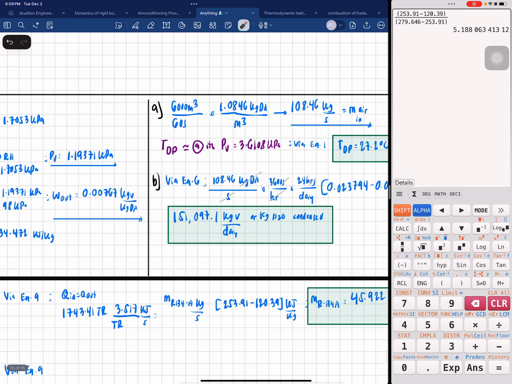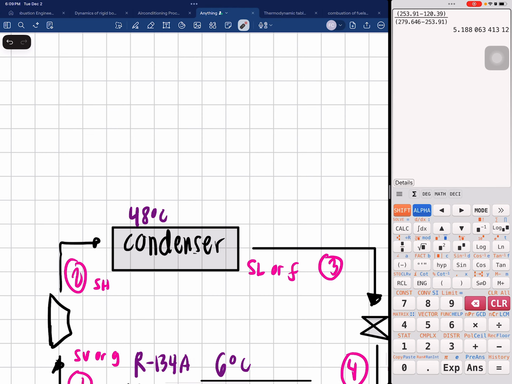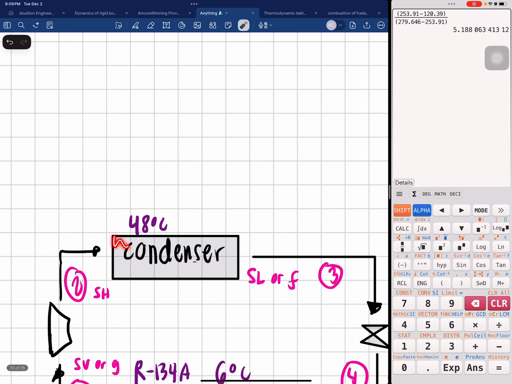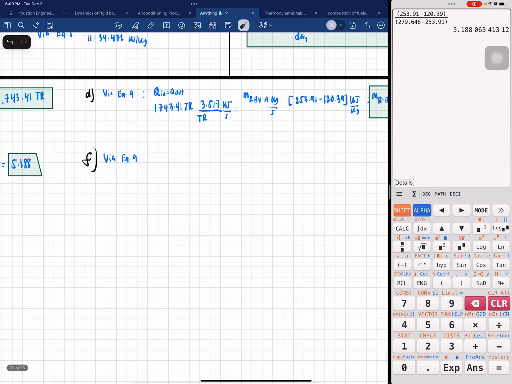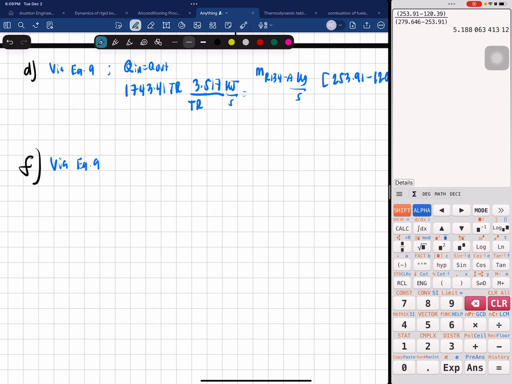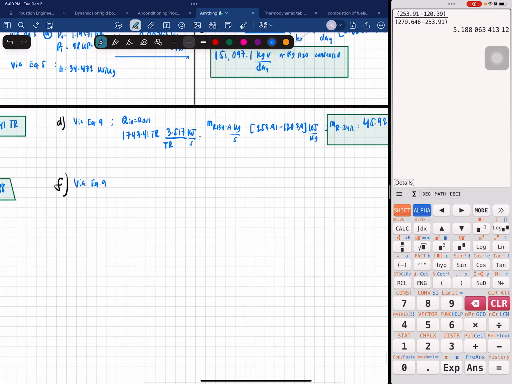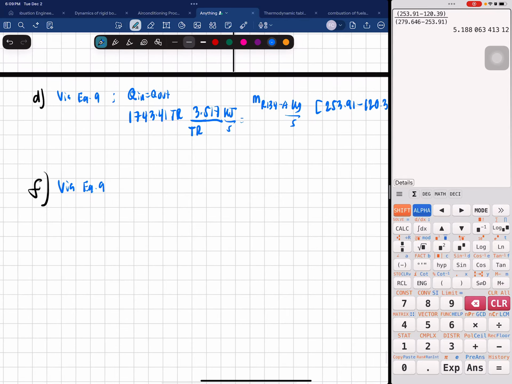If about the condenser there is, say, a coil here that you want to cool the condenser with water. So let's try to put that here. Q rejected equals the Q of water absorbed.